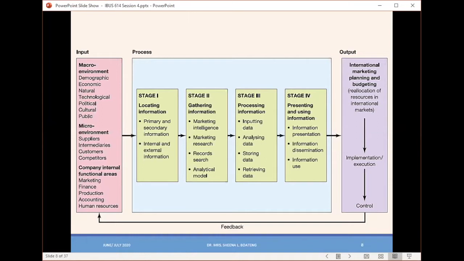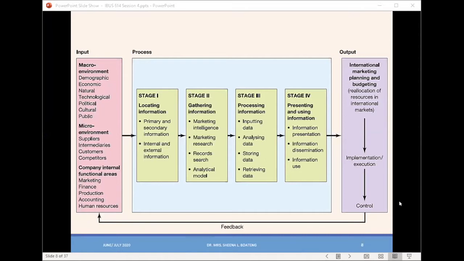Okay. All right. So let's go on. Once we have been able to gather the information, we now try to process the information. In processing, we are looking at all the activities we do to input the data, analyze the data, store the data, as well as retrieve the data. Once we are done with the processing, then it's about presenting and using the information.